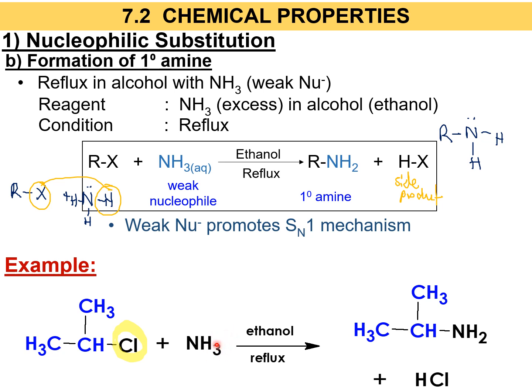So kiranya dia akan replace Cl ni dengan nucleophile NH2. Okay. Tapi kena ada ethanol. Lepas tu condition reflux. So this is the primary amine. Kenapa dia primary amine? Because this N is only bond kepada satu sahaja carbon. That's why this will be a primary amine.